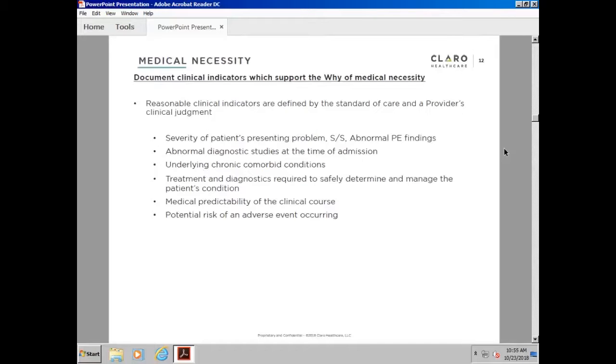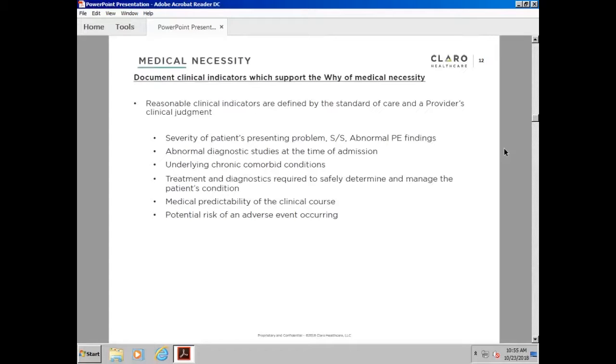So medical necessity, the documentation needed for reasonable clinical indicators, are defined by the standard of care and provider's clinical judgment. So we do use those standards of care at InterQual. That's what InterQual and Milliman are used for, but ultimately it's still the provider's clinical judgment and that documentation that we're looking at.